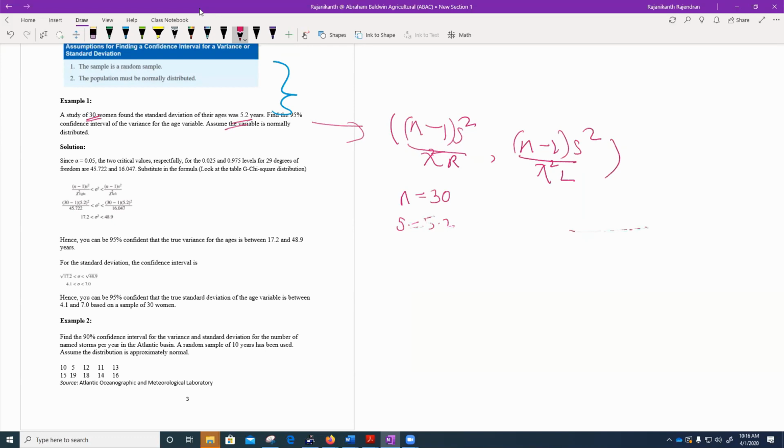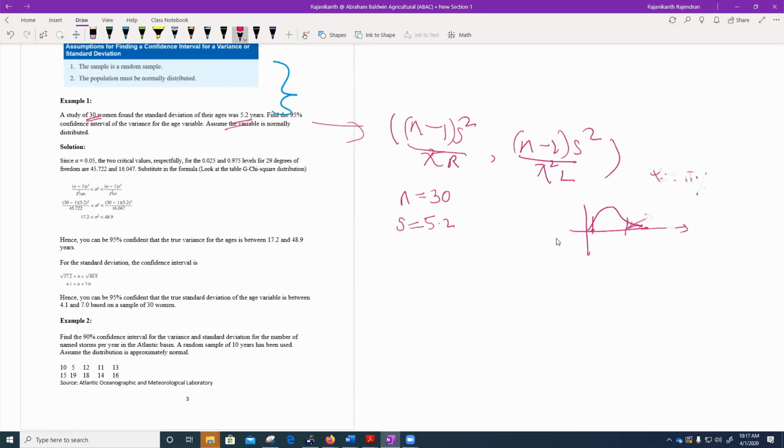Now let me draw a picture. My chi-squared picture is like that. I have a 95% confidence interval, which means alpha is 5%.